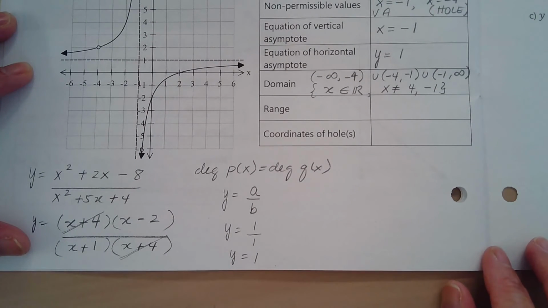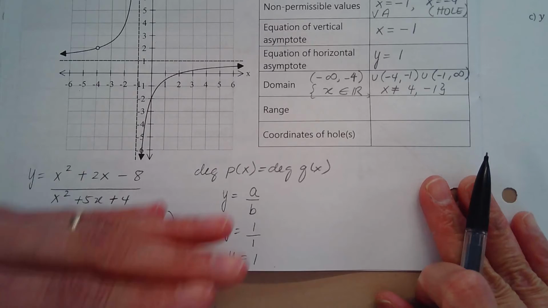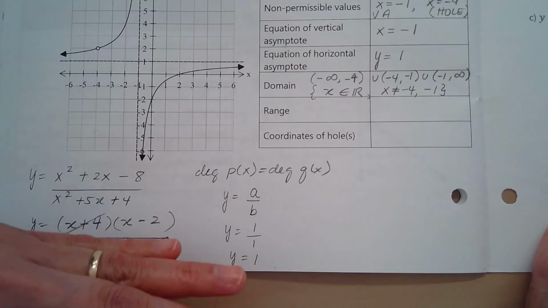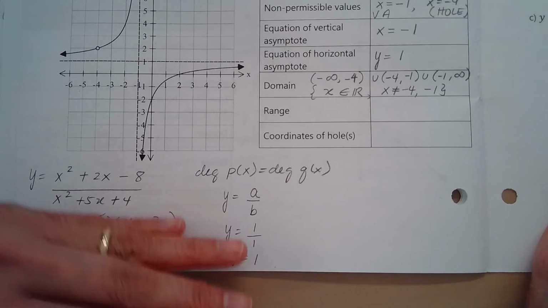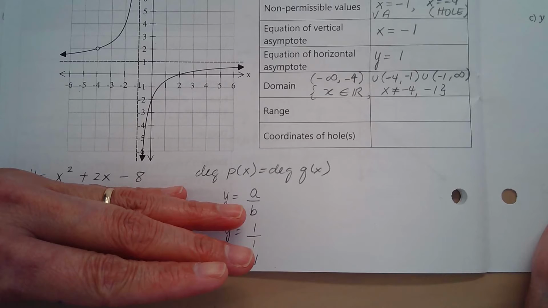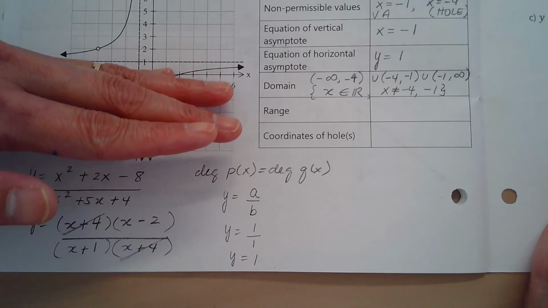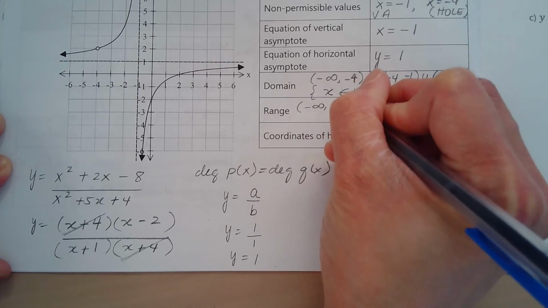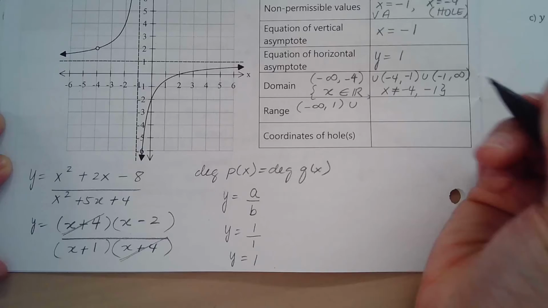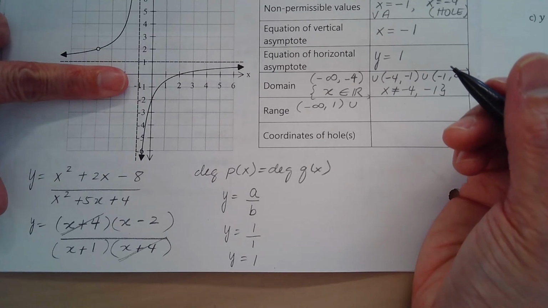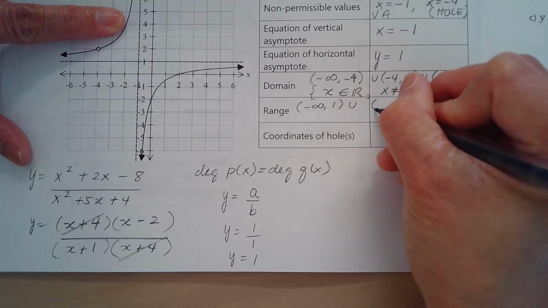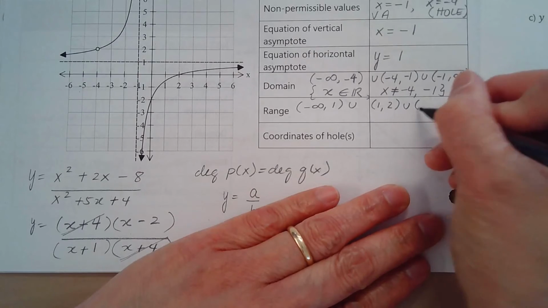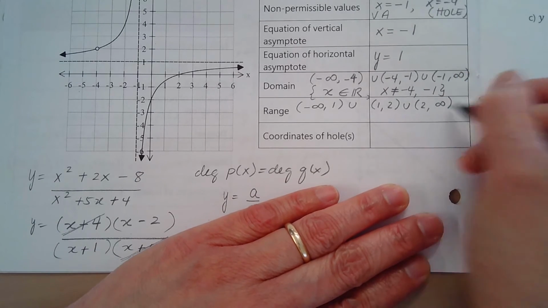What about the range? From negative infinity up to 1, union 1 up to 2, and then 2 to positive infinity.